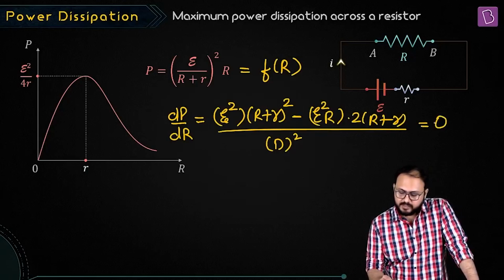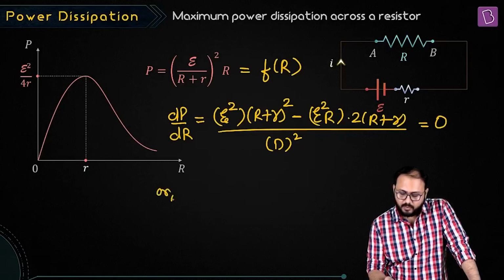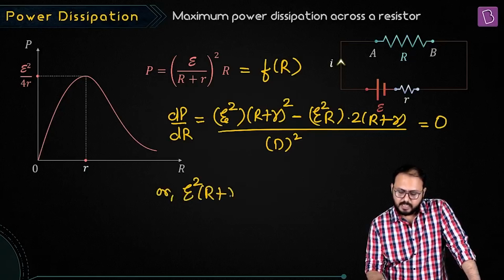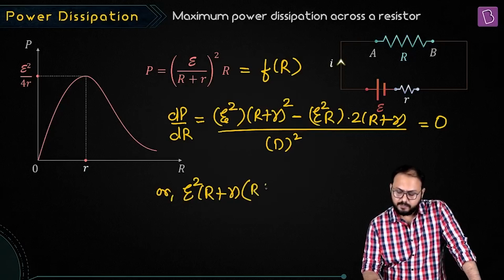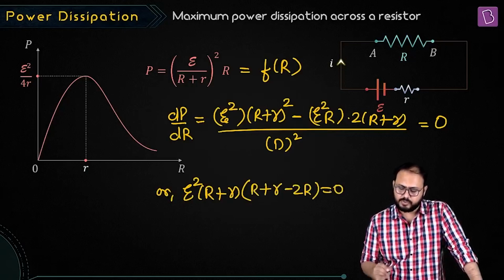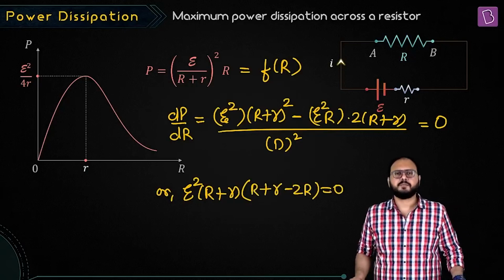E square is common, and R plus r is also common, leaving R plus r minus 2R equal to 0.